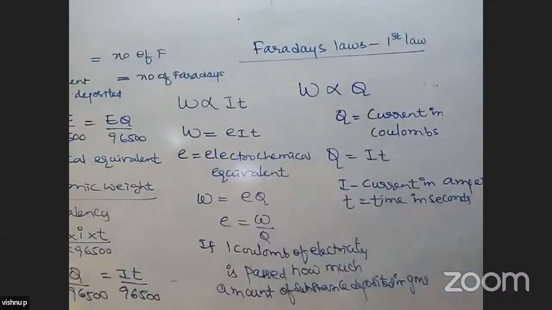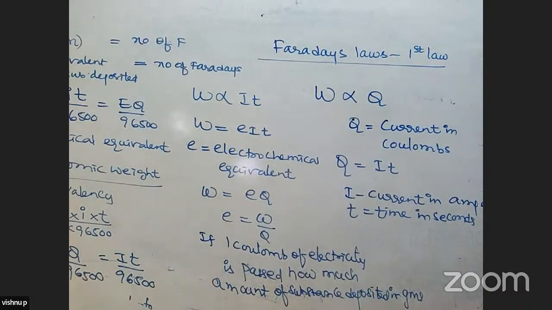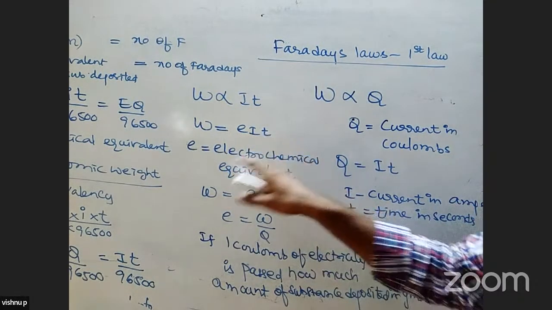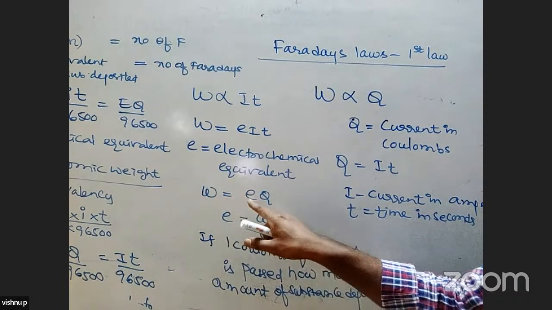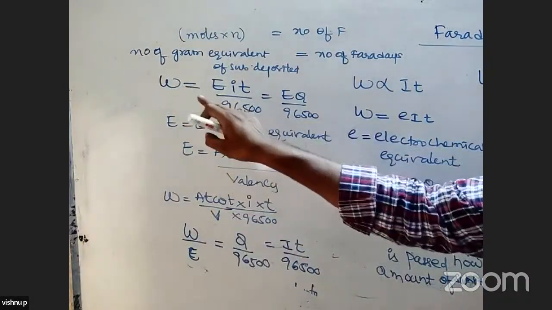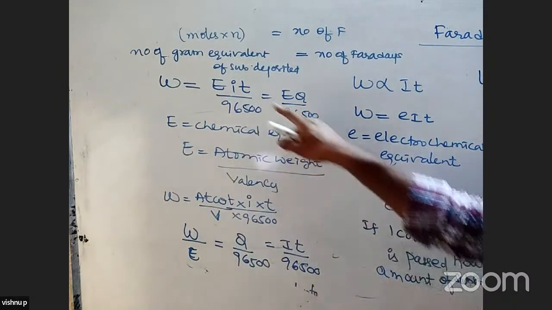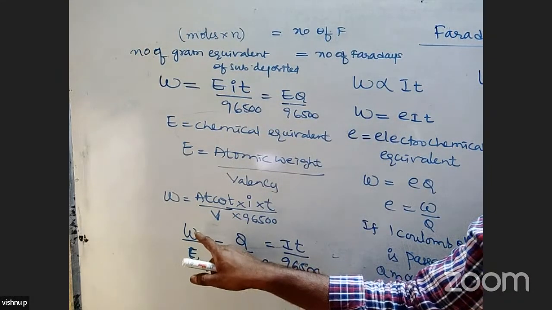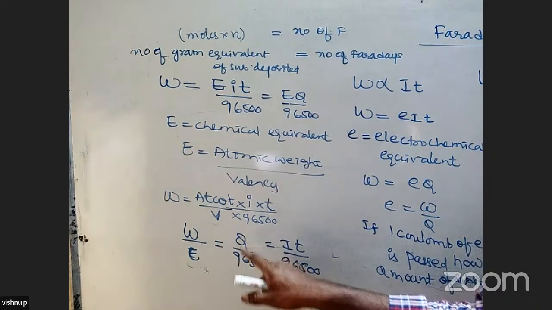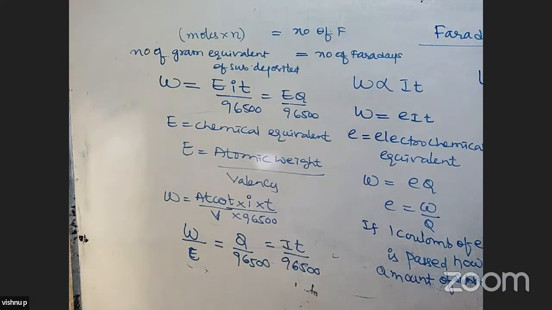So W is proportional to IT, or W is equal to EIT, where E is called the electrochemical equivalent, or W is equal to EQ, or W is equal to EIT by 96,500 coulombs, that is 1 Faraday, or EQ by 96,500. Or weight by equivalent weight is equal to Q by 96,500, which is equal to IT by 96,500.